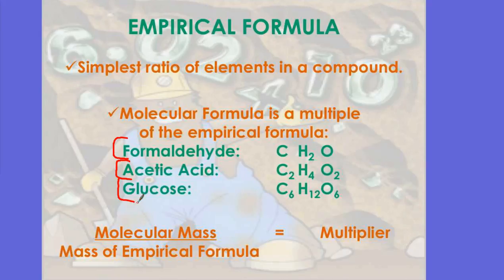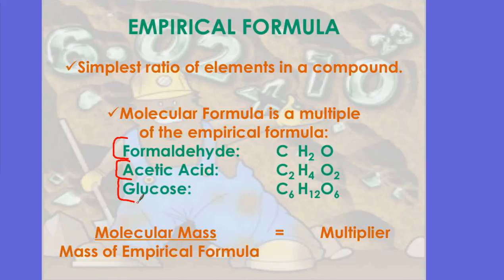They all have the exact same elements in the exact same order with the exact same ratios, but talk to me about their properties. Totally different. So, this we can see visually. There's something called a multiplier. What's the multiplier between formaldehyde and acetic acid?